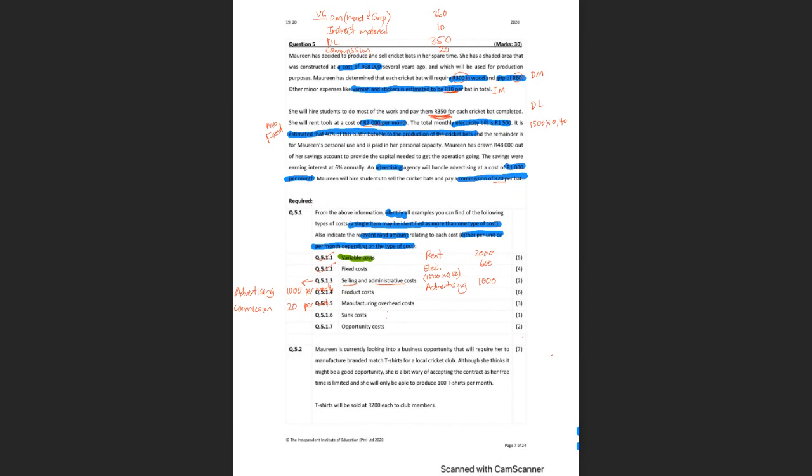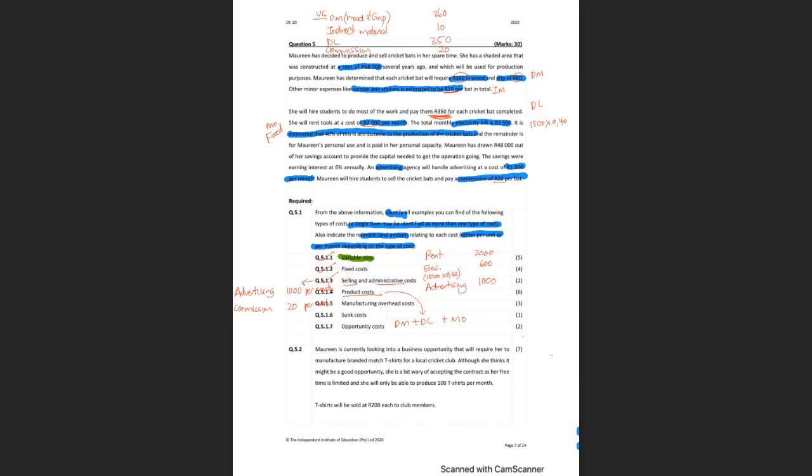Then you have your production costs. So here for your product costs, it's basically the same as your manufacturing costs. It is the sum of your direct material, your direct labor, and your overheads. So I'm going to write it here. Product costs are direct material plus your direct labor plus your manufacturing overheads.